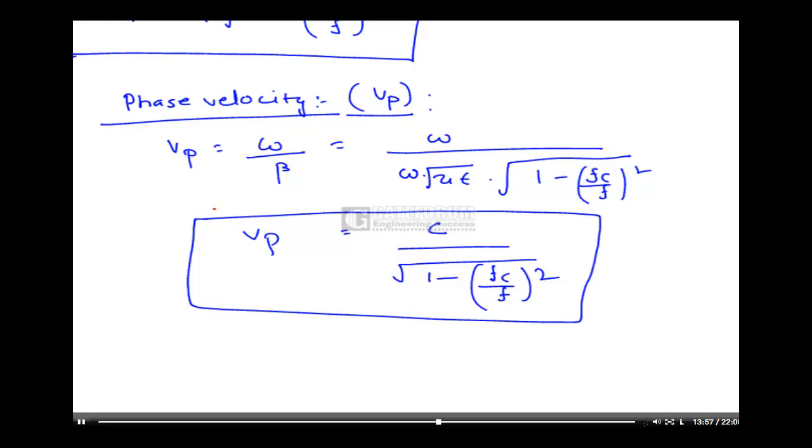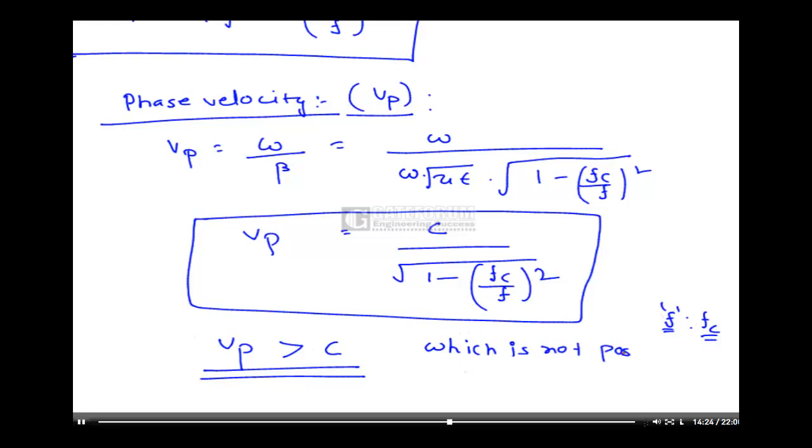That is, for a given particular frequency value, for a given value of f and fc, the phase velocity is greater than c. The phase velocity is greater than c, which is practically not possible.